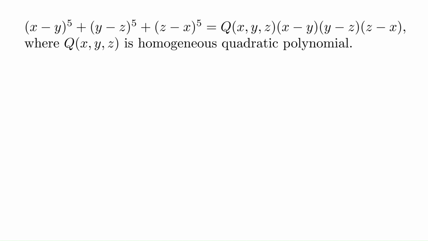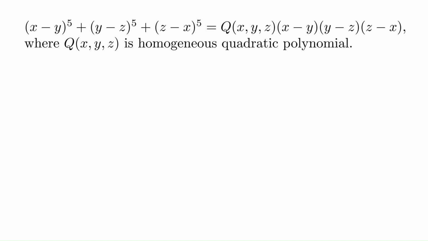The second one is a polynomial of the fifth order, slightly trickier. Similar to the previous example, we know it contains factors x minus y, y minus z, and z minus x. But the left-hand side is fifth order, so it contains another quadratic factor. I call it q of x, y, and z.